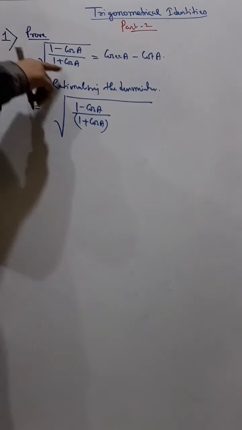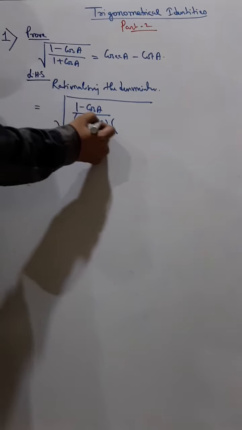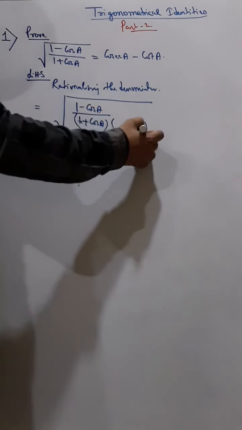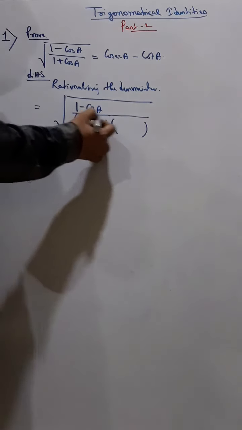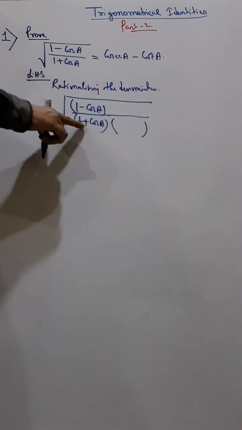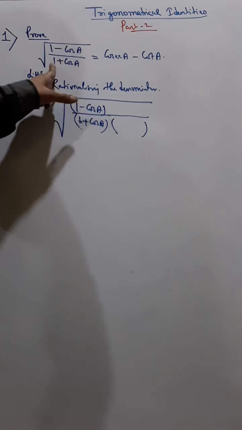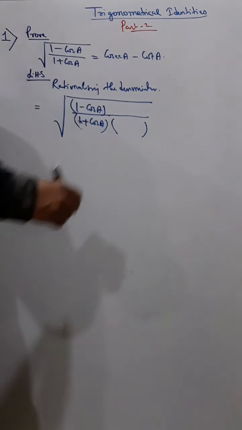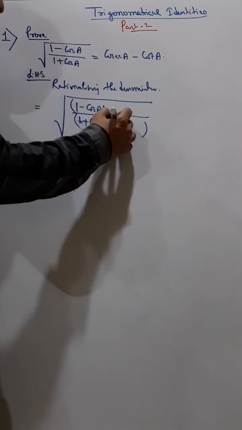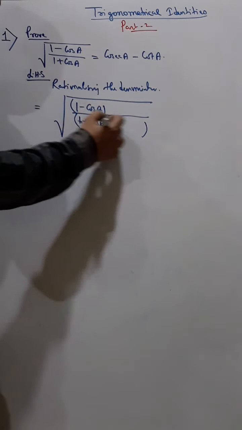And rationalizing means you have to multiply with the same quantity but with opposite sign. So since we are rationalizing the denominator, you should follow what we have in the denominator, like 1 plus cos A. So you should multiply the denominator and the numerator with the opposite sign of this.